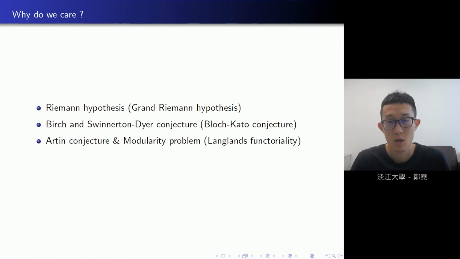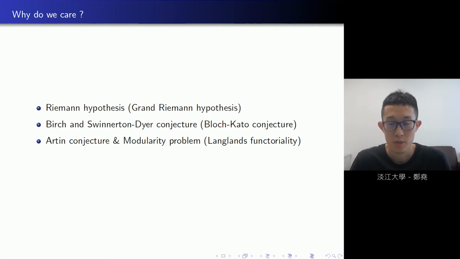So now, why do we care about these questions? One of the reasons is that there are many conjectures relating to these questions. For example, we have the Riemann hypothesis for zeta functions, and we have the BSD conjecture for elliptic curves.